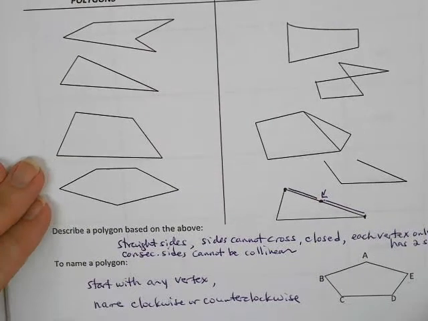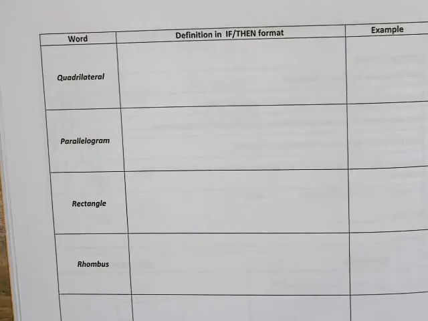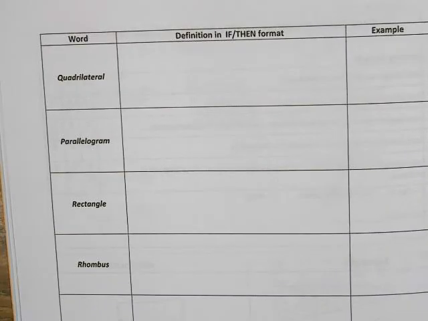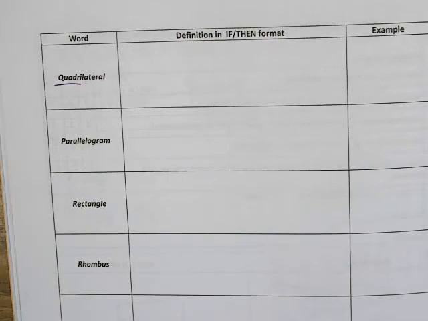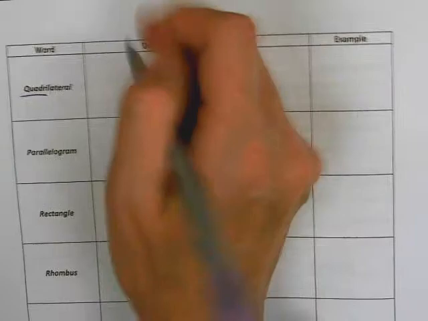All right, so we want to specifically not just talk about polygons in general, because they're not as exciting, but if you turn the page, you're going to see some names that you have seen before. A quadrilateral, even if that one's not as familiar, based on this word quad, you should know what that means. It's specifically a polygon that has 4 sides.